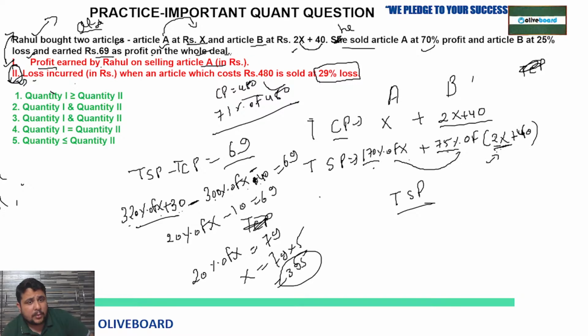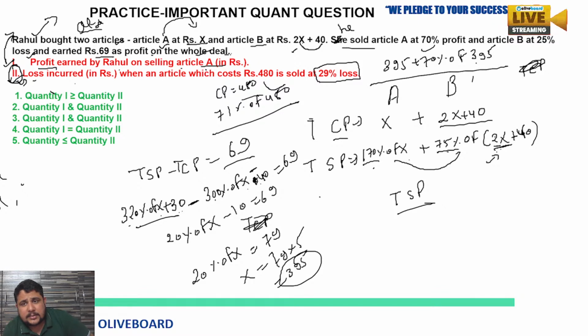First value, profit earned by Rahul on selling article E. So profit how much? 70%. So already you know 395 plus 70% of 395, right? Just round off this value. This is 400. See, you have to calculate 70% of 395.